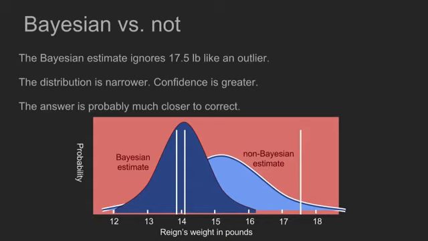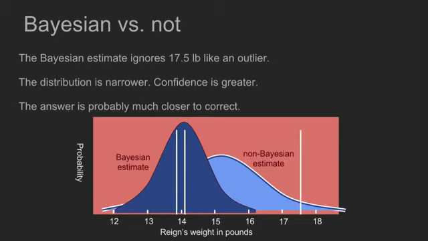And now we compare this with our original estimate. It's labeled non-Bayesian here, but more accurately it could be Bayesian with a uniform prior. You can see that it is much broader, and also the peak of that curve is in an entirely different place.